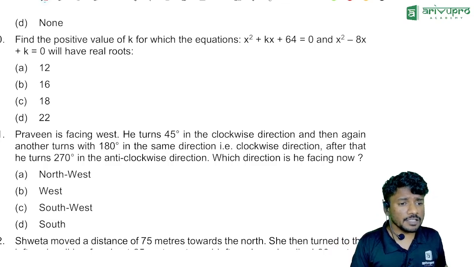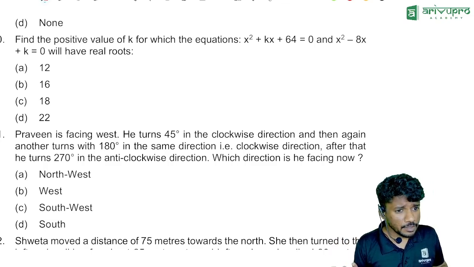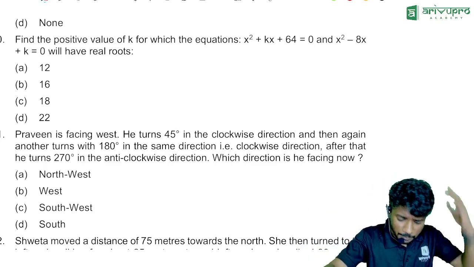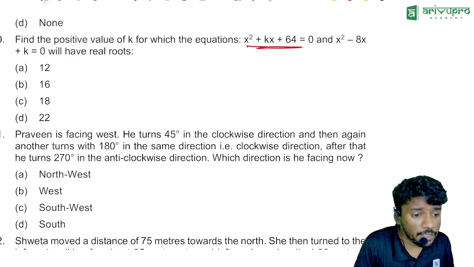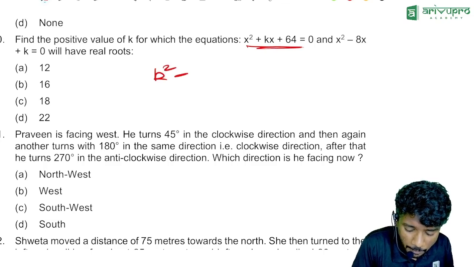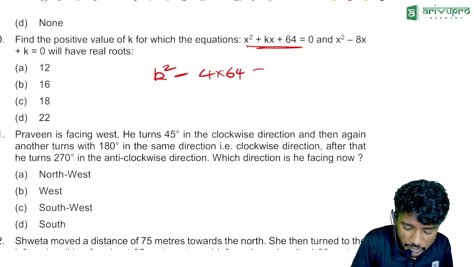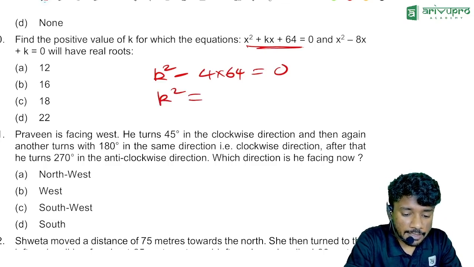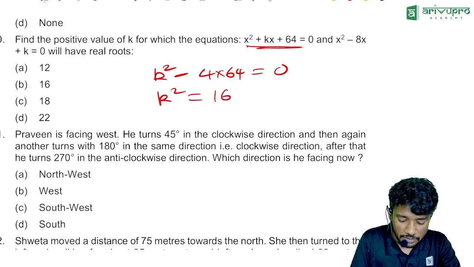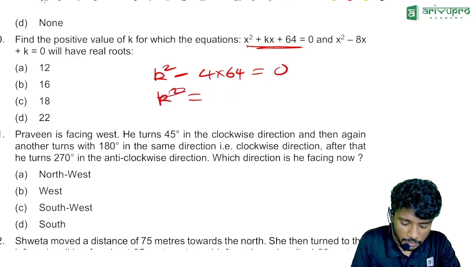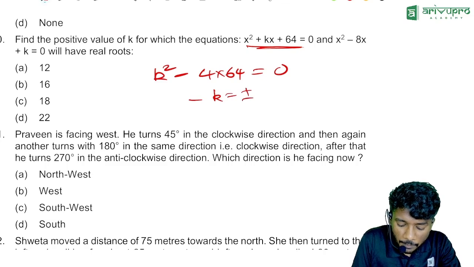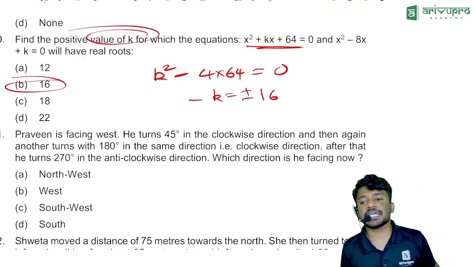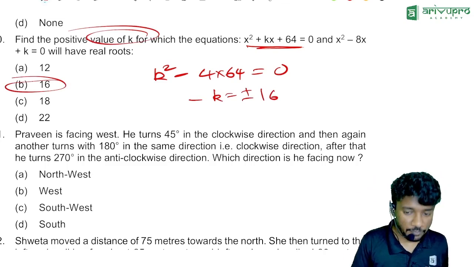But real root here means it should be perfect, so b square minus 4ac is equal to 0. Take the first one. k square minus 4 into 64 is equal to 0. So k square is 64 into 4. Then take the root. k is equal to plus or minus 16. But we are only taking the positive value of k. Answer is option B.